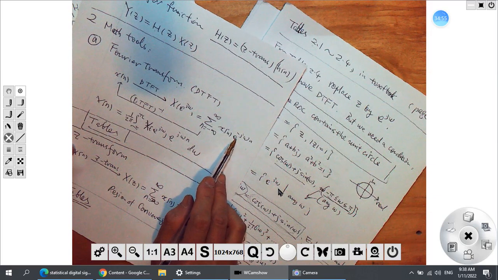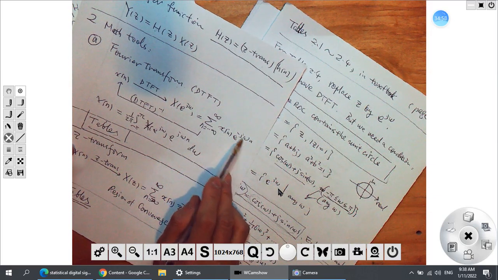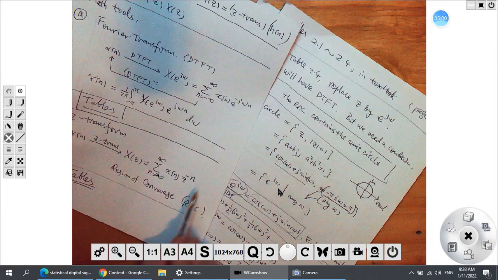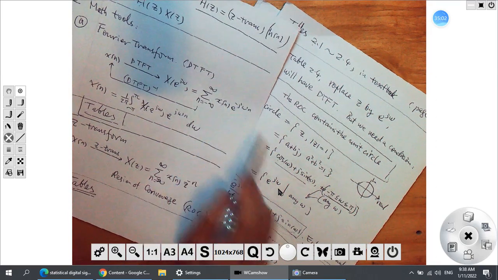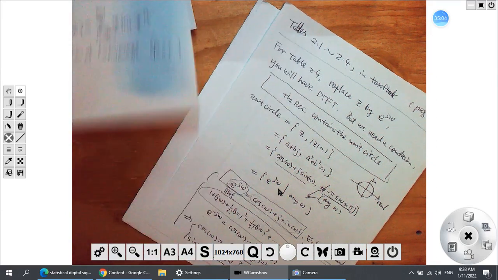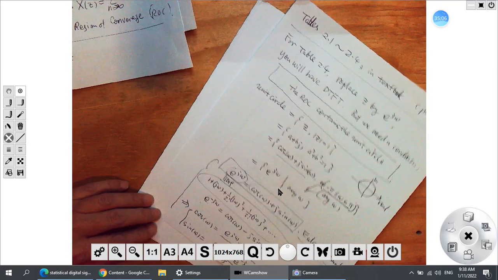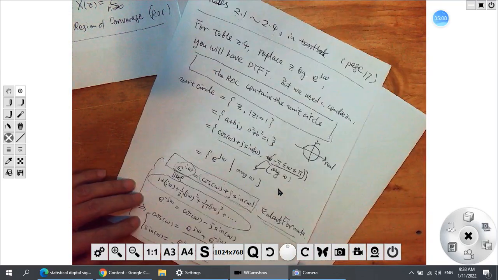You can also think of e to the j omega with power negative n. This is z. So z is just e to the j omega, and e to the j omega is just this unit circle.